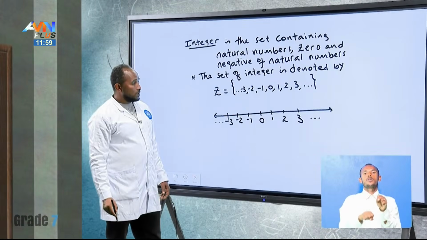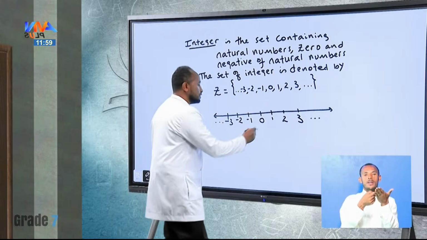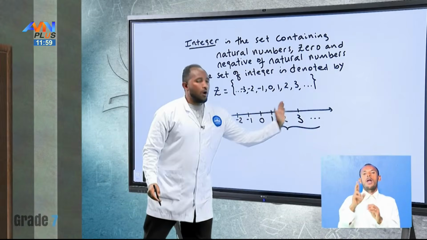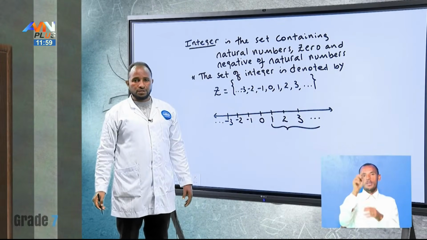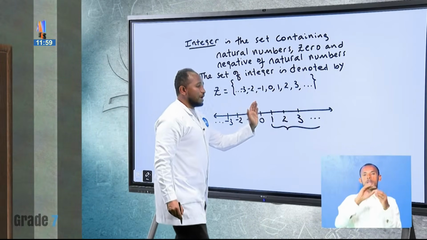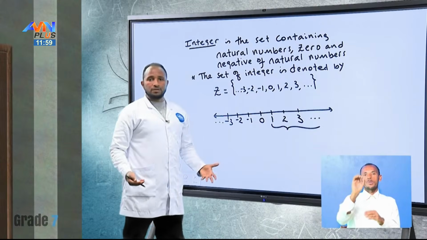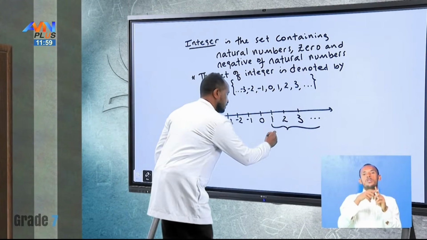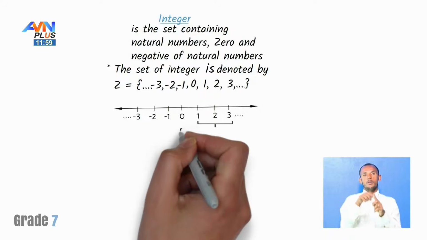So here these numbers are positive integers. The numbers above 0, as we said earlier, are positive.